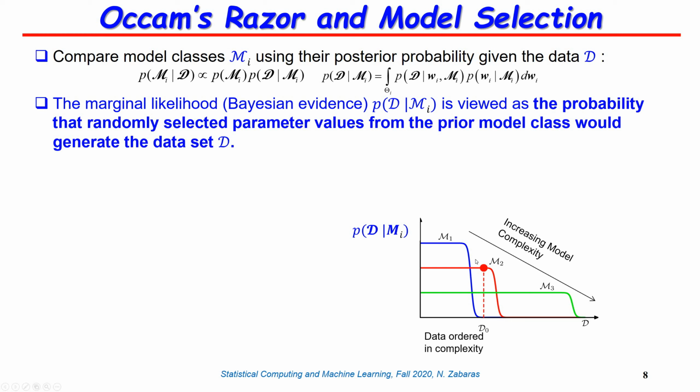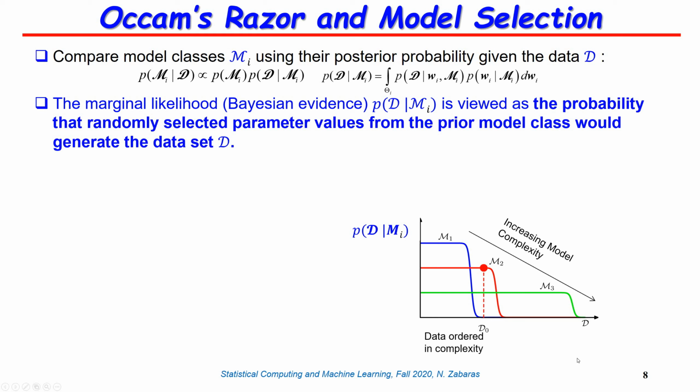If you take another model of intermediate complexity, you can generate a few more data sets, but with a lower probability, because at the end of the day, if you take all the probabilities of the data that you can generate, the sum of those probabilities has to be equal to 1. Because your probability is now spread over more data sets, it has to be reduced, and that's why this red line is below the blue line. And similarly for the more complex model M3.